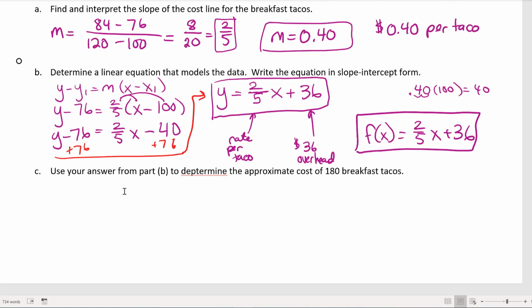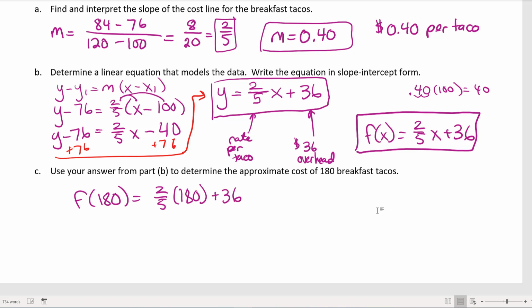So for part C, it says use your answer from part B to determine the approximate cost of 180 breakfast tacos. Okay, so if I'm trying to find f of 180 tacos, I'm going to simply just plug in 180 for x. So this is 0.4, we've already said that's 0.4, so I have to take 180 times 0.4.